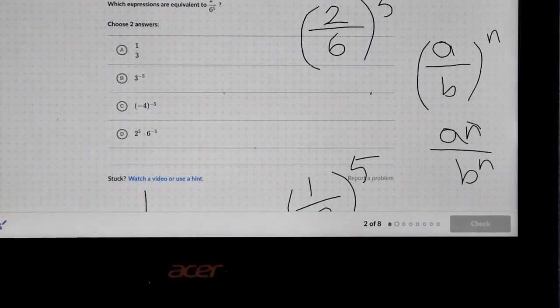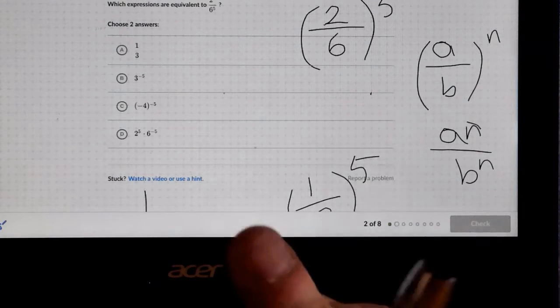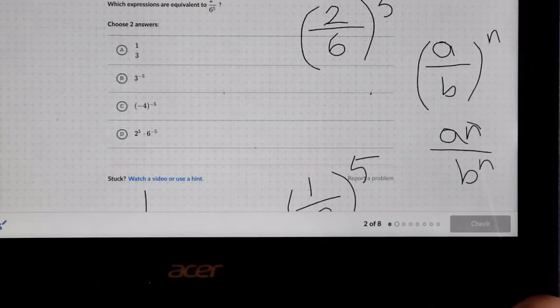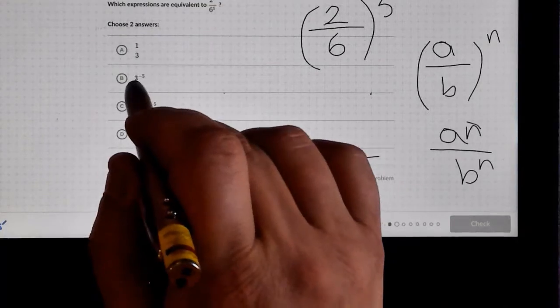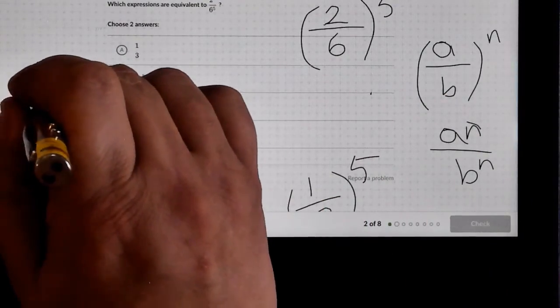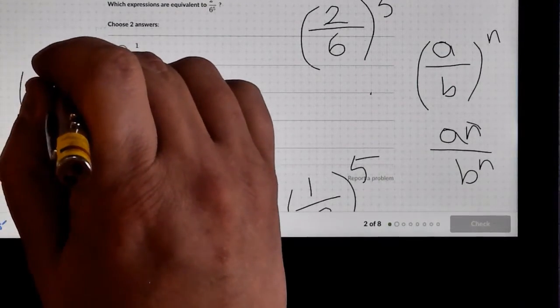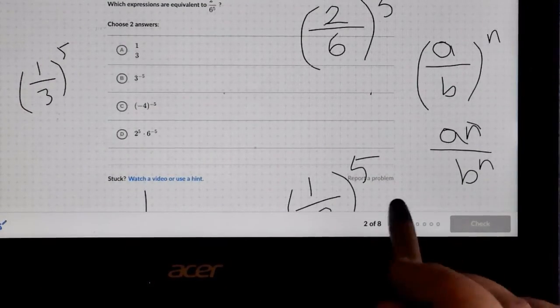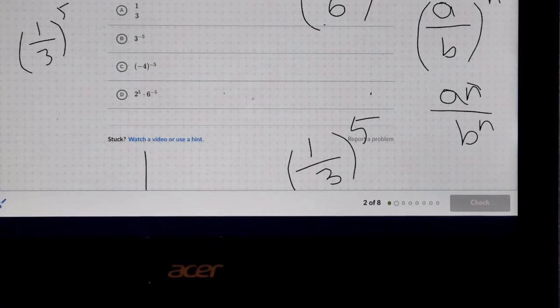Check this out. Negative power means I have to flip and change my exponent to a positive. So the second one would actually be 1 over 3 to the 5th power, which matches what I'm doing over here. So B is an answer. Next one, negative 4. I don't have a base like negative 4, but check this one out. 2 to the 5th power times 6 to the negative 5th power.